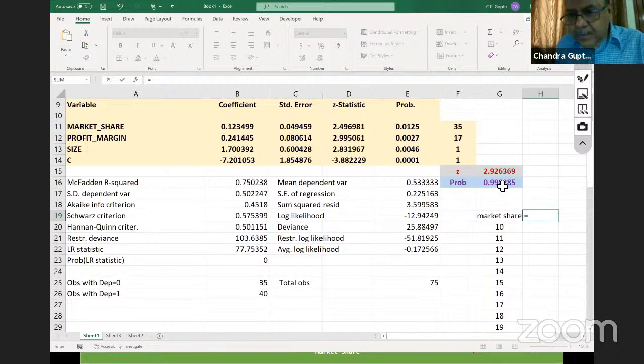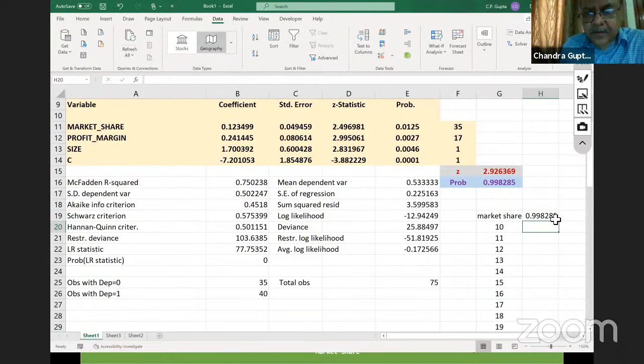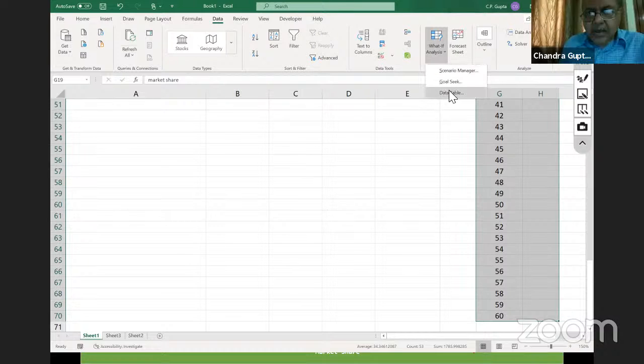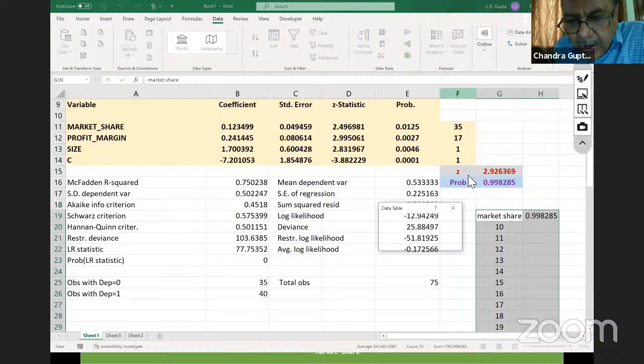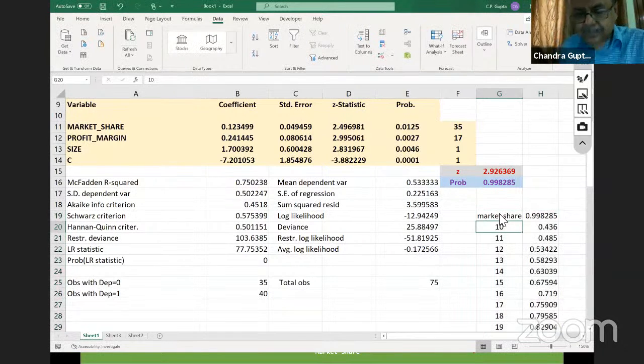I took the probability here and you can make use of data tables. Just let me select. Then go to What-If, data table, and my column input is market share. And you can make a graph of it.